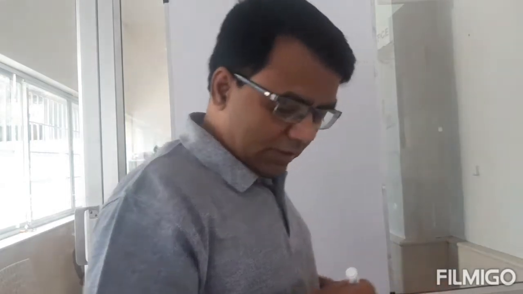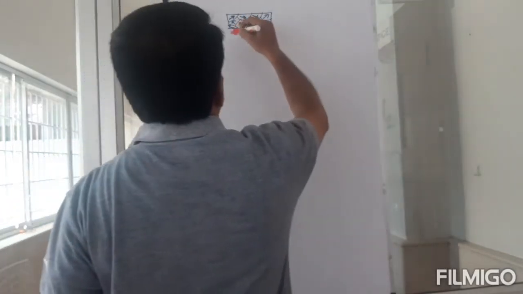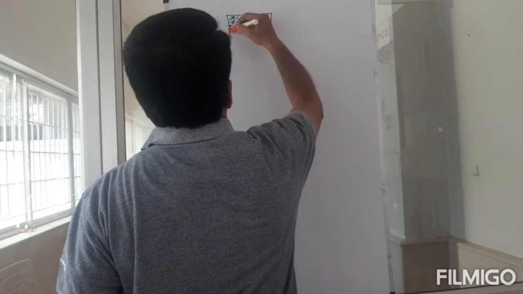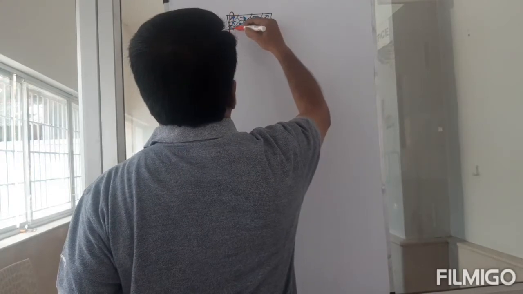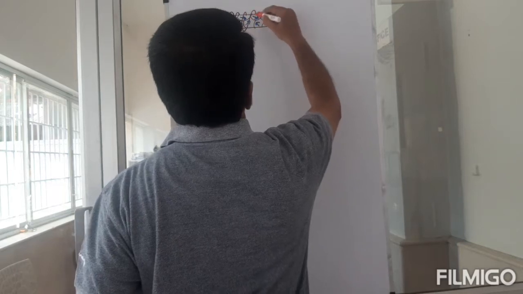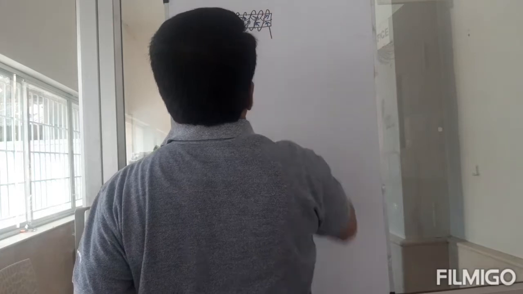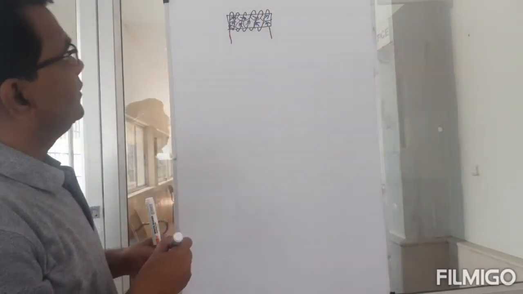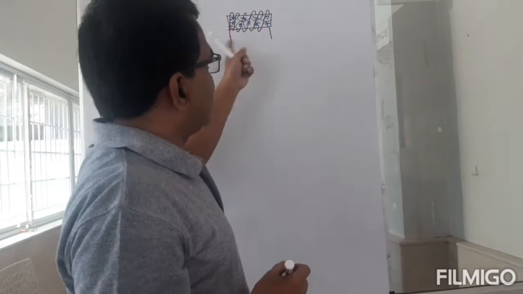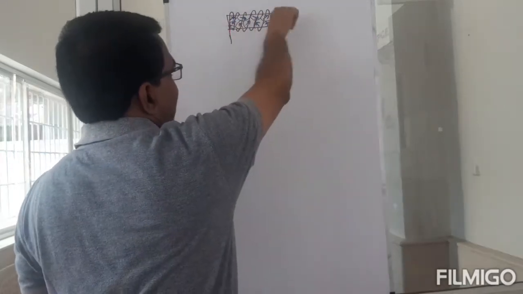Let's do that now. Let me use this color maybe. Okay, I'm going to use this coil. If I pass current through that coil, then there is a magnetic field set up by the coil in this direction.